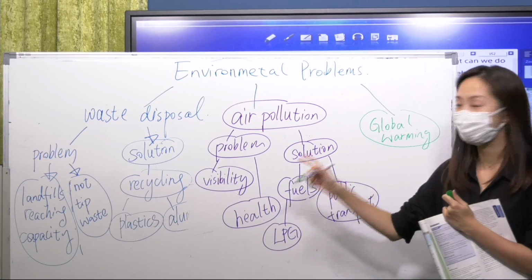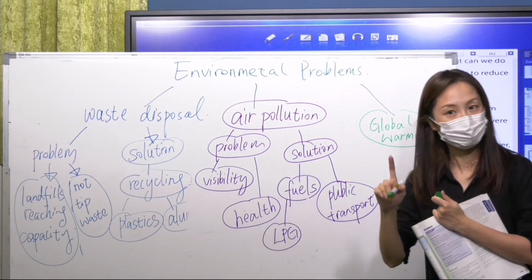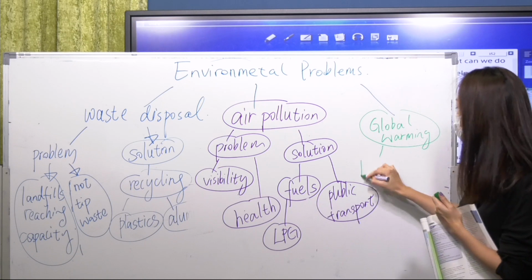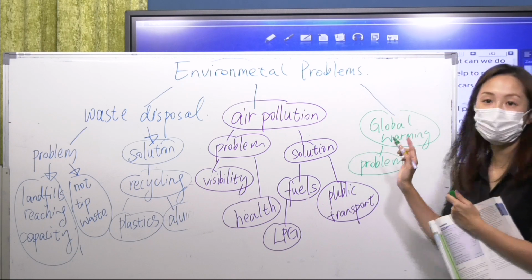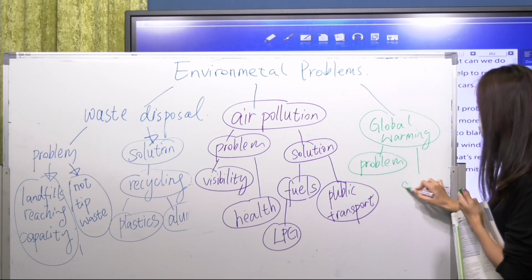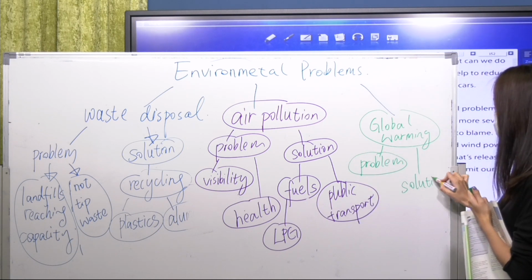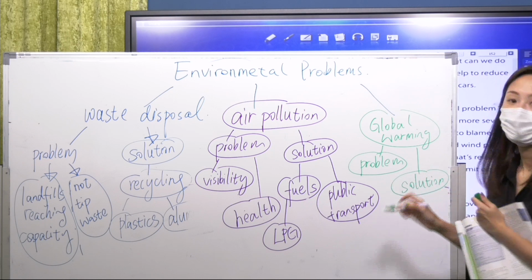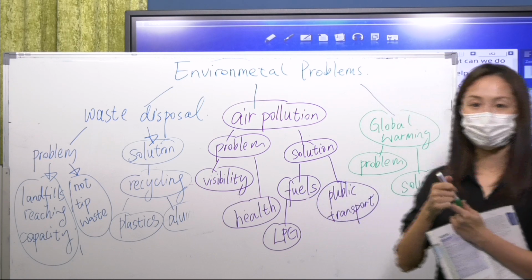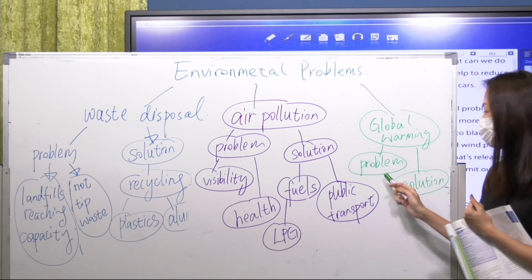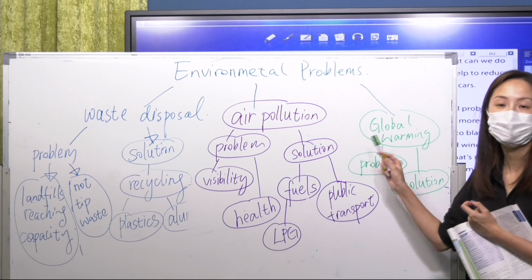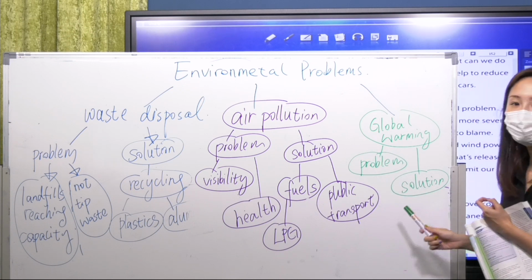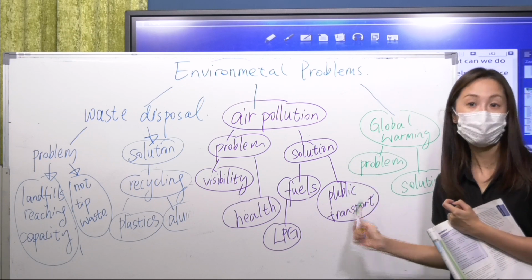As I have done the first two for you, so now I will give you the homework of today. Can you draw a mind map for the problem and solution here? Okay, read the passage and find the words related to the problem of global warming, and also find the solution to global warming.